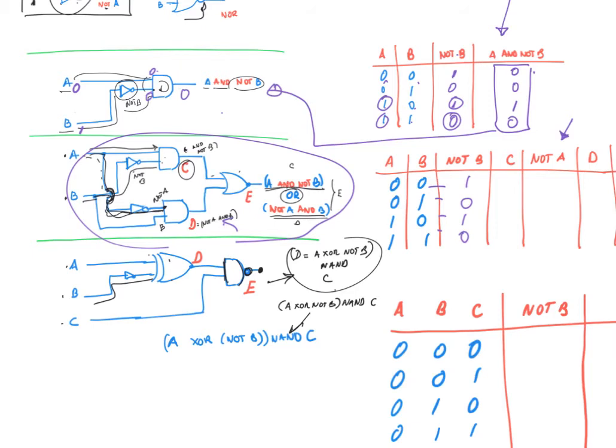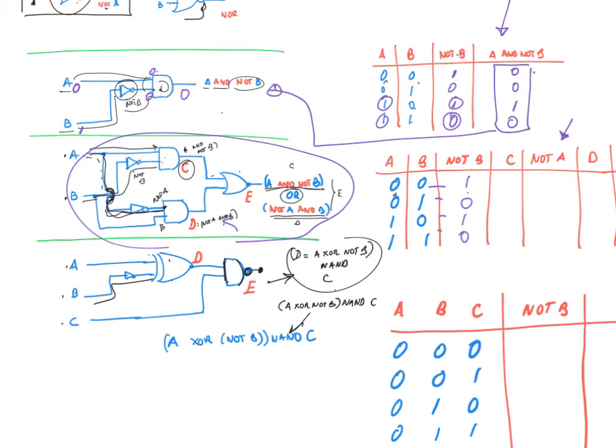Now C is the combination of not B and A. So I make an AND between this column and this column.